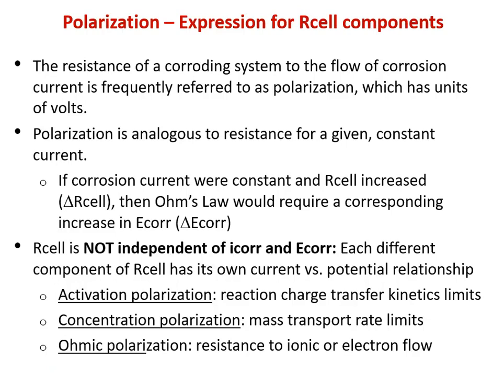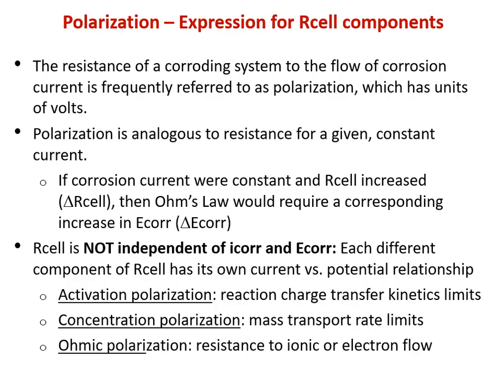So in a lot of cases, since we tend to measure voltage, or we measure E corr, we'll describe an increase in cell resistance, which we're usually trying to achieve, in terms of the resultant change in cell potential for a constant current. So it's just an application of Ohm's law, and that's what the term polarization means.